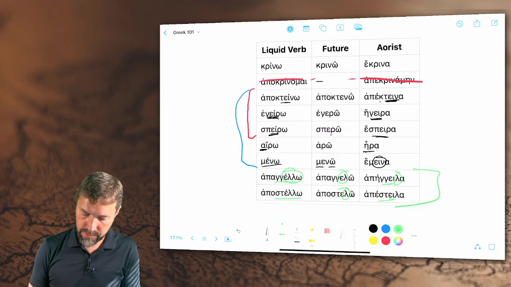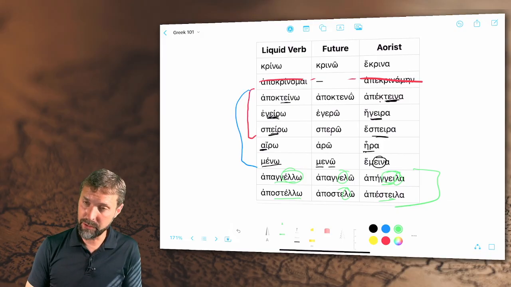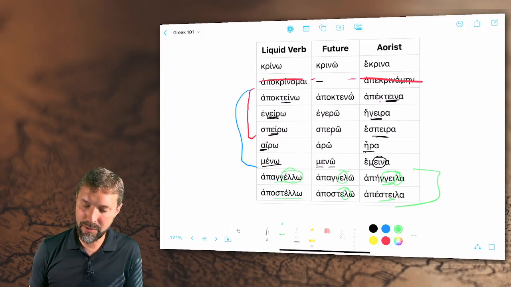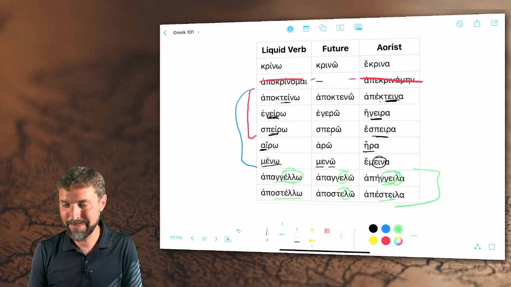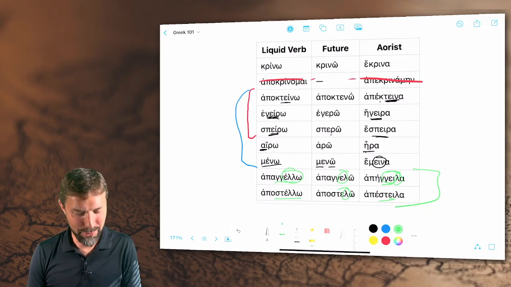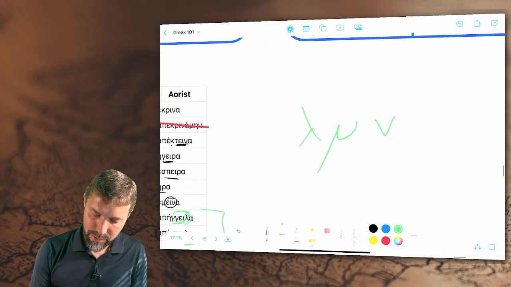Okay, so double lambdas go to single lambdas, and in the aorist, I also get an epsilon iota, which kind of reminds me of meno and mena. Okay, again, I'm not stressed that you memorize these. I just want to point out some patterns, and then your expectation is don't be stressed out when a sigma goes missing. And also be conscious of your core letters, liquid letters: lambda, mu, nu, rho.